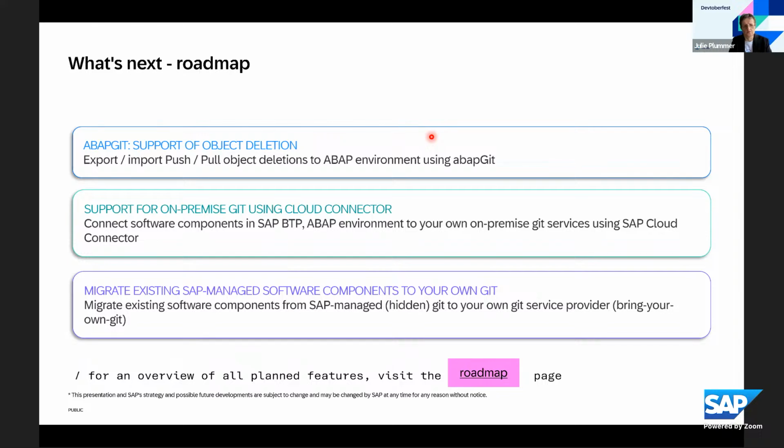We're also, for a future release, but we are working on this, wanting to connect your software components in Steampunk to your on-premise Git services by means of SAP Cloud Connector. And finally, we want to let you migrate your existing software components from a SAP managed Git, the hidden Git, to your own, bring your own Git service provider, such as GitLab or GitHub or Bitbucket or whatever.